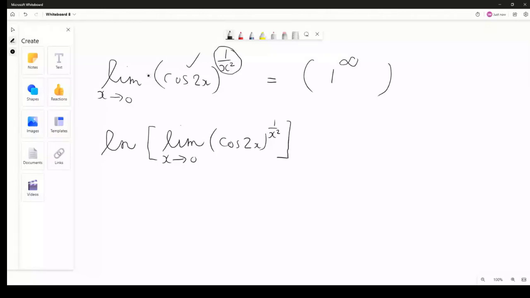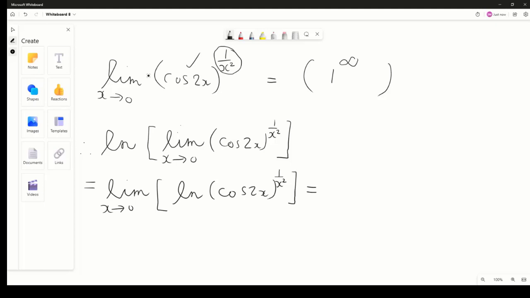We first interchange the limit with the ln. It's quite legitimate. This is equal to the limit of the ln of cosine 2x raised to the 1 over x squared, by virtue of the continuity of the natural log.